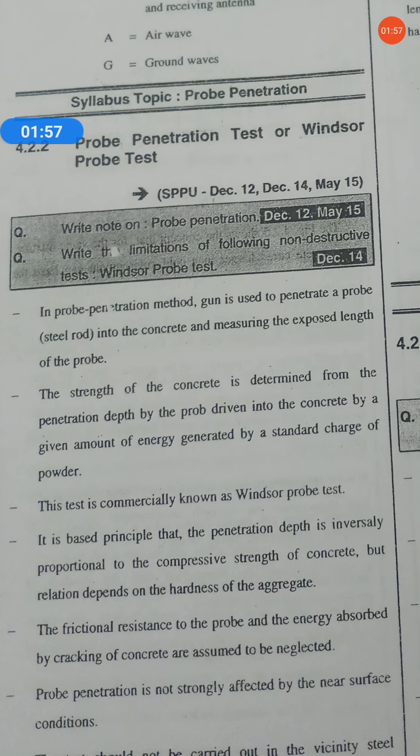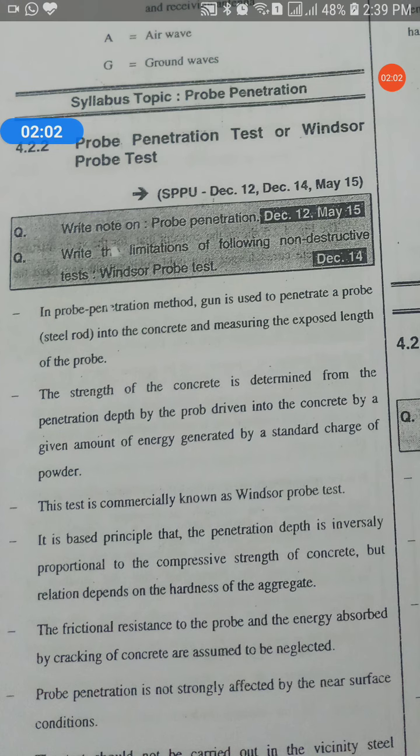So how will you detect the strength of the concrete of a particular specimen? You have to penetrate that probe, and the depth of the probe driven into the concrete by a given amount of energy is measured. You need some energy for the penetration of that probe.